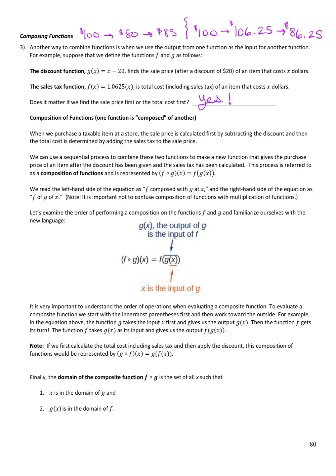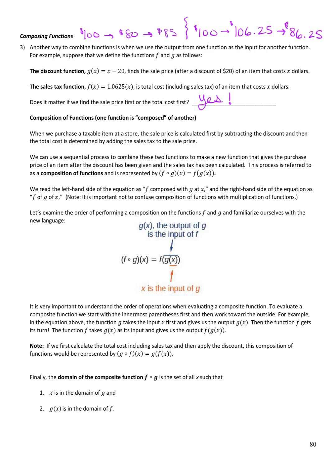So let's examine the order of performing a composition of the functions f and g, to familiarize ourselves with the language. x is the input of g. So you plug the x into the g function, then you take the result and plug that into the f function. So it's very important to understand the order of operations when evaluating a composite function. Start with the innermost parentheses first and work your way out.